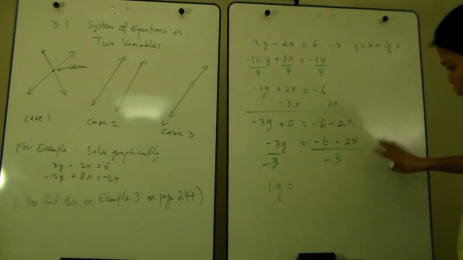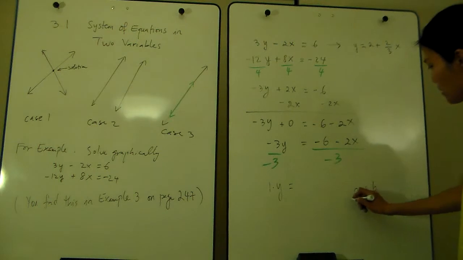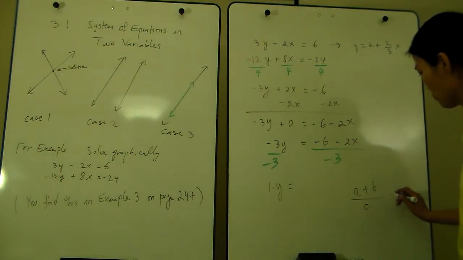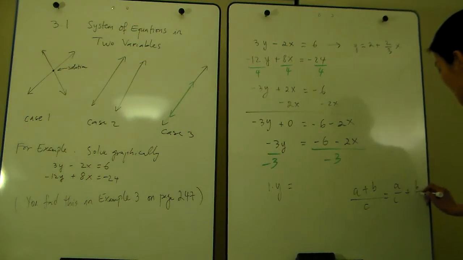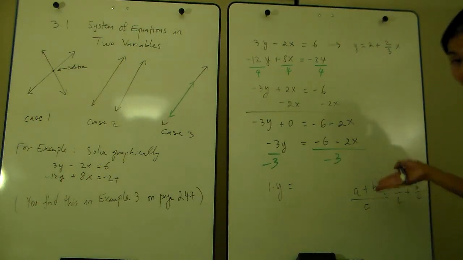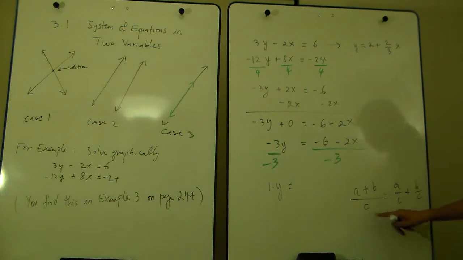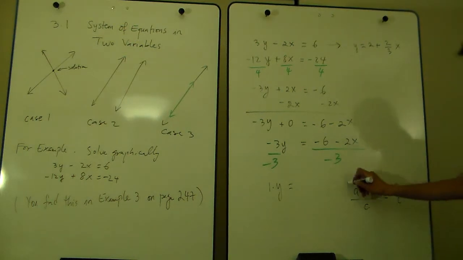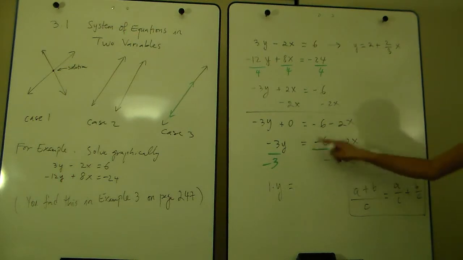Now, to solve for this, make sure you know the rule. A plus B divided by C is equal to A divided by C plus B divided by C. Okay. So you split this one fraction into two fractions with the same denominator C. Okay. So this is the formula. And I'm going to convert this one fraction into two fractions.